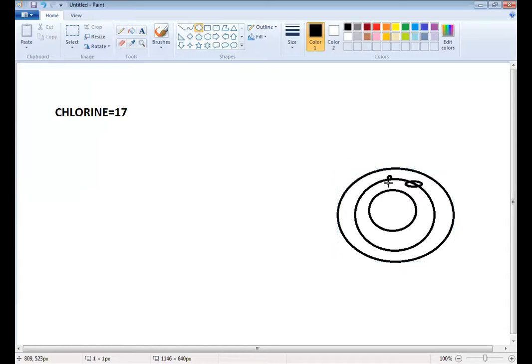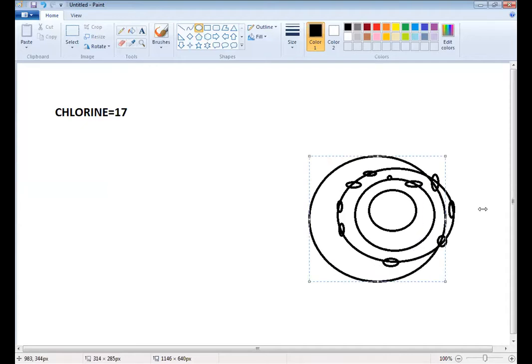In the L shell, 8 electrons are present: 1, 2, 3, 4, 5, 6, 7, and 8. Now, 2 and 8, 10, 7 are left.